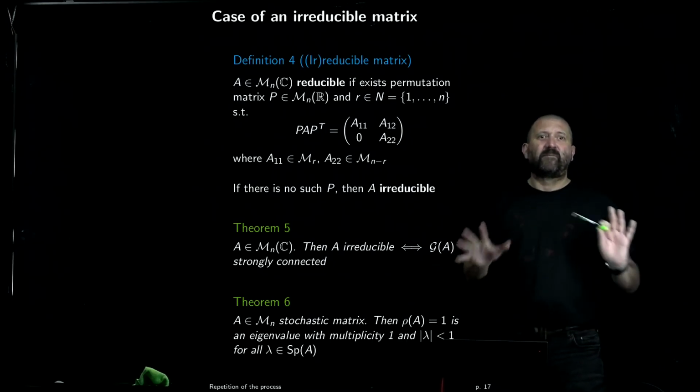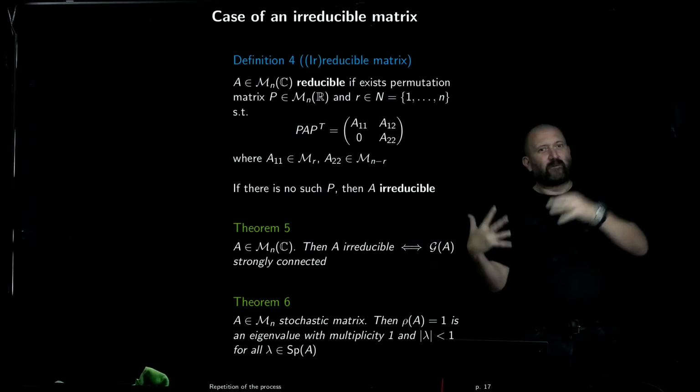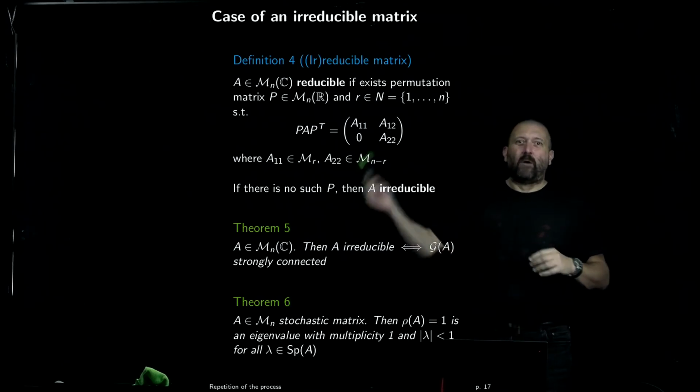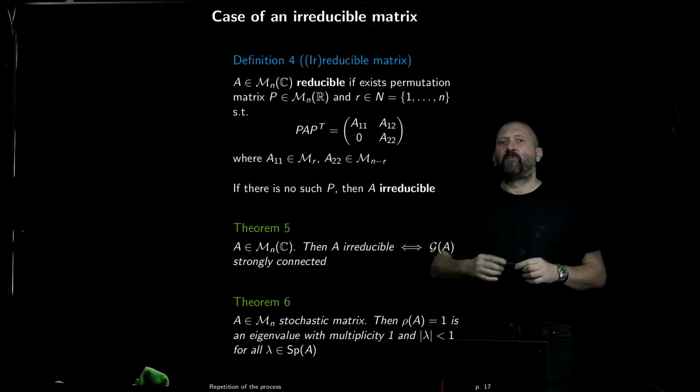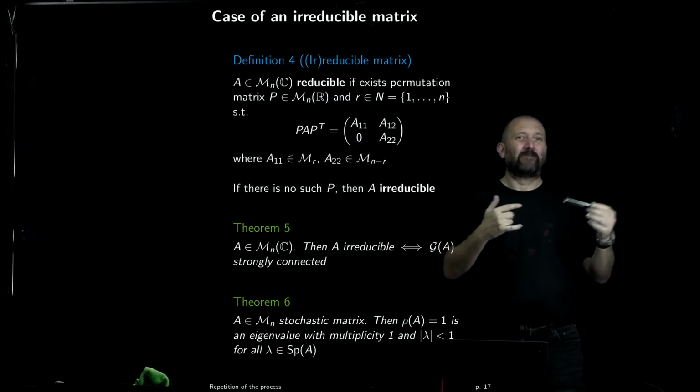And this is also something we have seen before, but now that we've done graphs, I want to bring you back to this notion. We'll start with reducible, not irreducible.